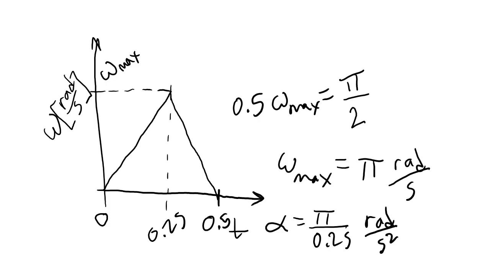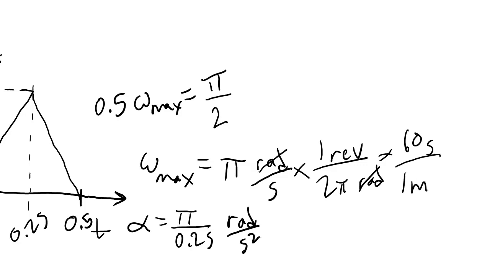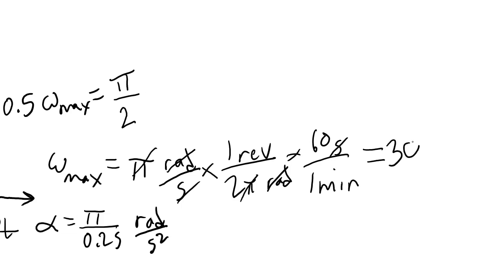In our torque speed curve, we've made speed be RPM, so we need to convert this radians per second into revolutions per minute. This speed is 30 RPM.